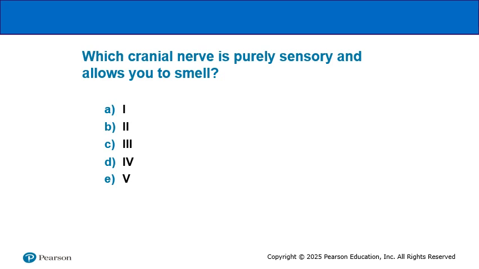All right. Oh, okay, so here's another question. Which cranial nerve is purely sensory and allows you to smell? All right, everybody has to have this one right. Okay, 5 more seconds.